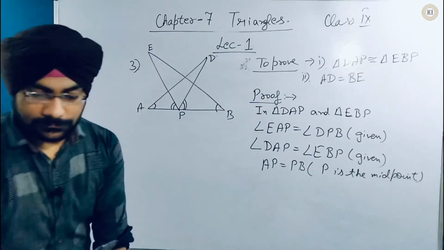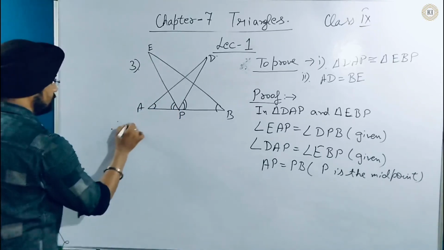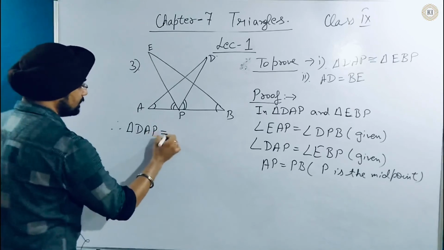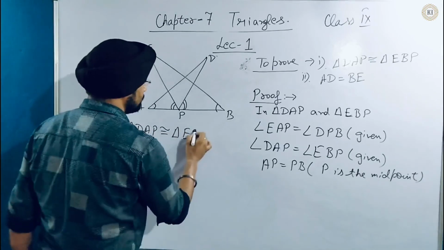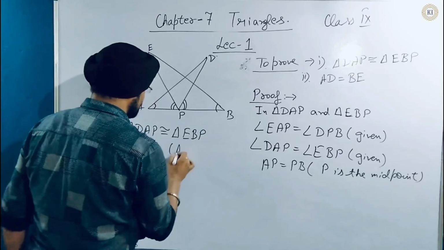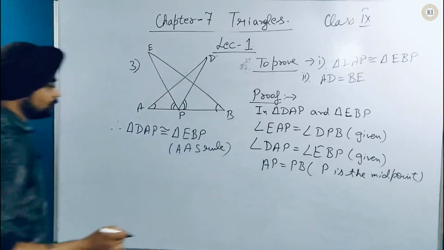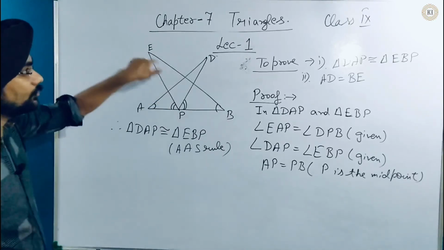So from angle side, therefore triangle DAP is congruent to triangle EBP by the angle side rule. This is the proof of the first part. Second, AD is equal to BE.